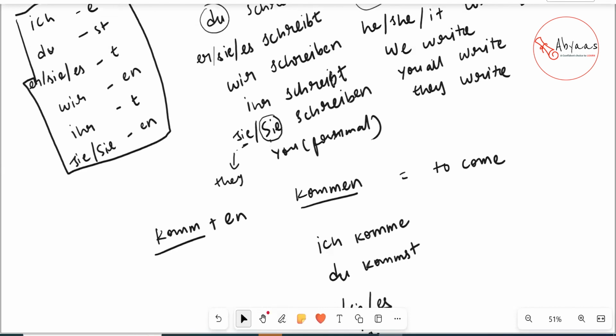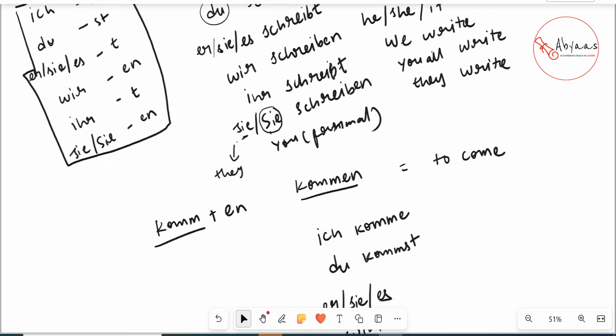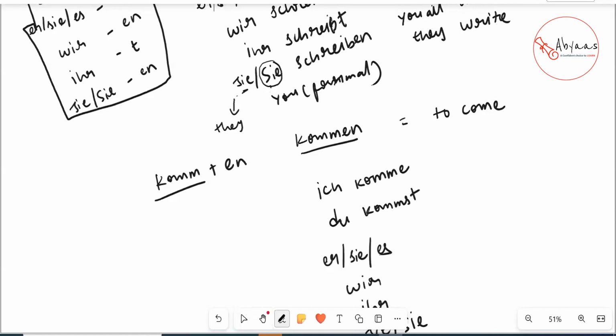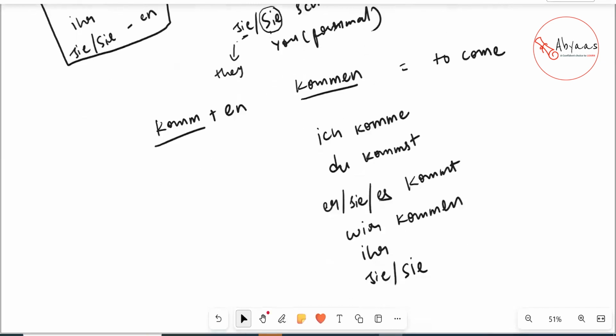Kommst. Coming towards er, sie, es, this will be she comes, he comes, it comes: kommt. So wir kommen, and coming towards ihr, kommt, and sie, Sie, kommen.